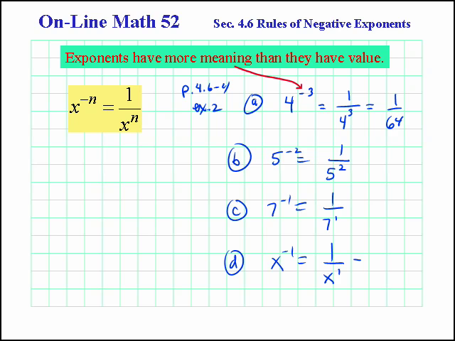Typically, we don't write x to the 1, we simply say 1 over x. Or in this case, 1 over 7. Now, 1 over 5 squared, that's 1 over 25. We can evaluate that. So usually we don't leave the 1 in the exponent. We would simplify it to have no visible exponent. Still got an exponent of 1, we just don't need to see it. Okay? All right.